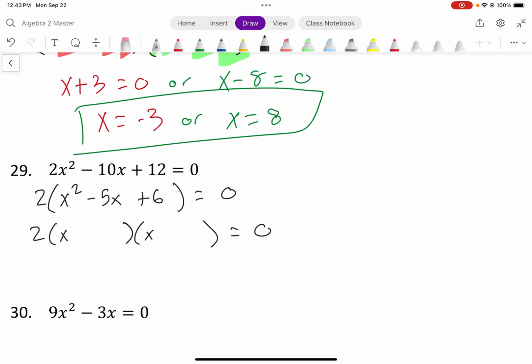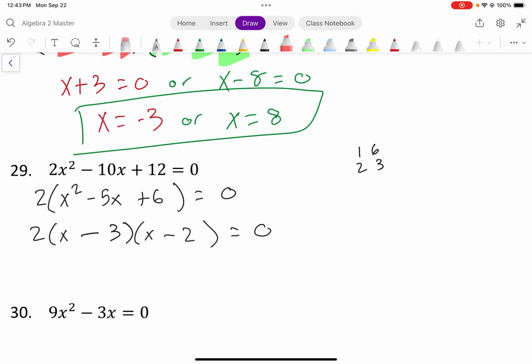My factors of 6 are 1 and 6 or 2 and 3. They're going to have to add up to 5, but they have to both be negative, so negative 3 and negative 2. If I check by foiling, x times x gives me the x squared. X times minus 2 is minus 2x on the outside. Negative 3 times x is negative 3x on the inside. That makes a negative 5x overall. And negative 3 times negative 2 is positive 6. So this is my factoring.